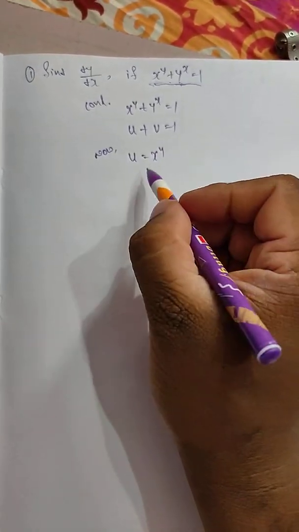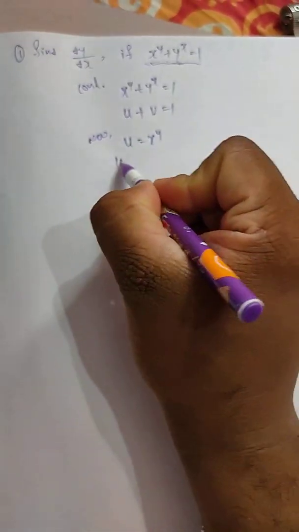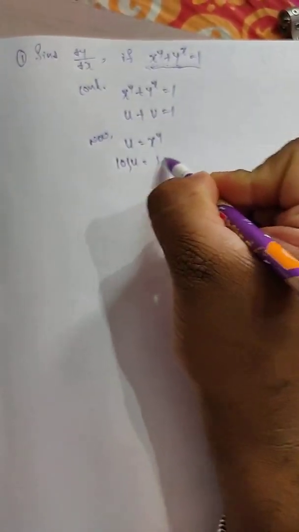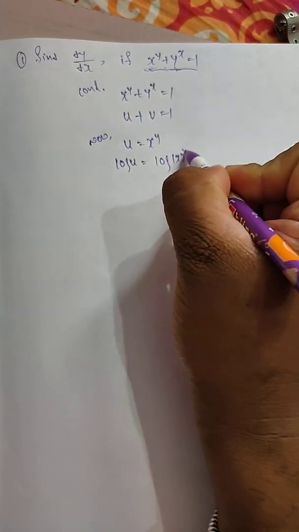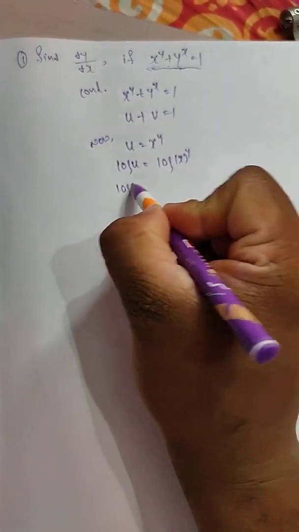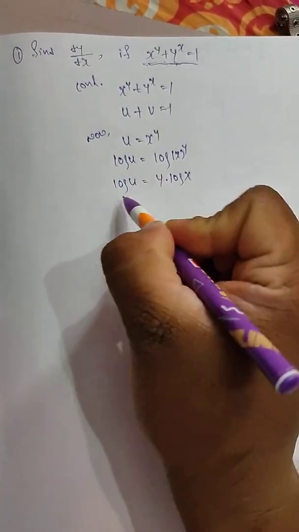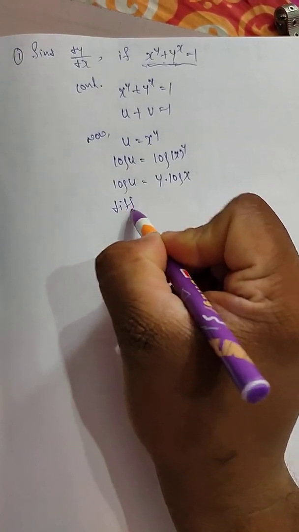Now also you can't differentiate this function, so apply the log on both sides. Log u is equal to log of x to the power of y. Apply the power rule. Then log u is equal to y into log x. Differentiate with respect to x.